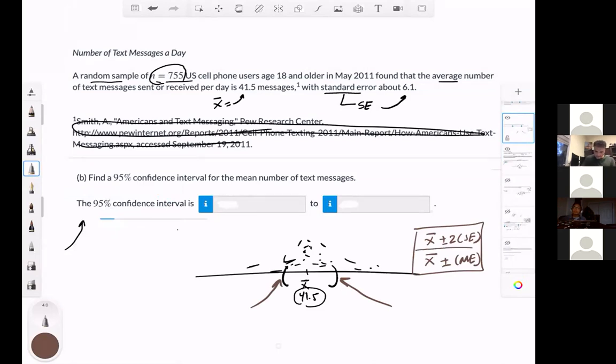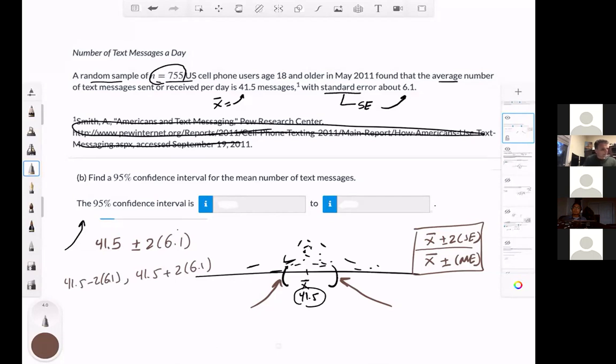So we're going to have X bar, which is 41.5, plus minus 2 times 6.1. And we don't want to make an algebraic mistake because this would be horrible. We have 41.5 plus 2 times 6.1 and 41.5 minus 2 times 6.1.